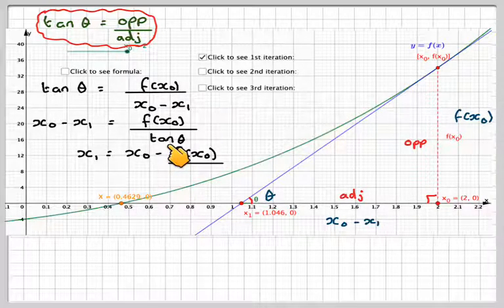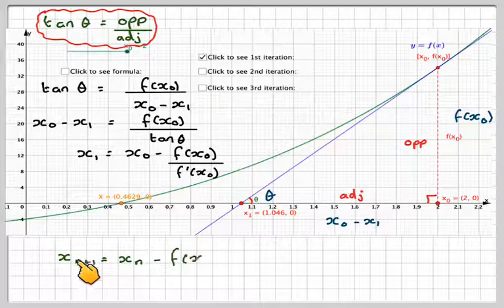Now tan theta is the same as the gradient of this line, because the gradient is this distance divided by this distance, and in calculus we get the gradient by taking the derivative of this curve and putting the particular value of x into it. So that will be the same as doing f dash of x0. So this is my general formula. So x2 would be equal to x1 minus f of x1 over f dash of x1, and so on.